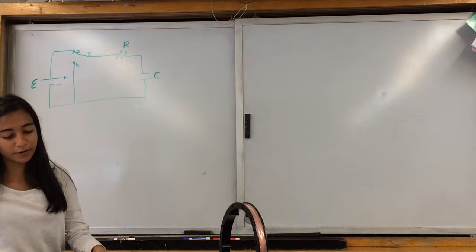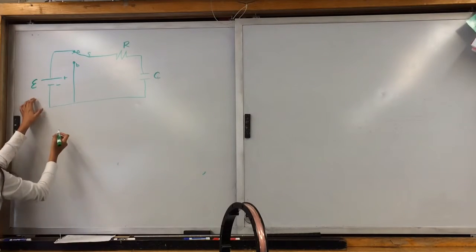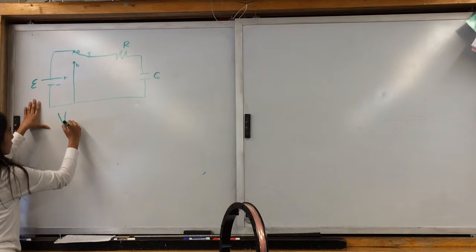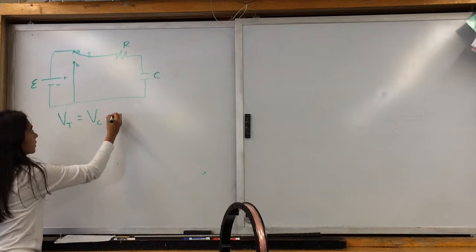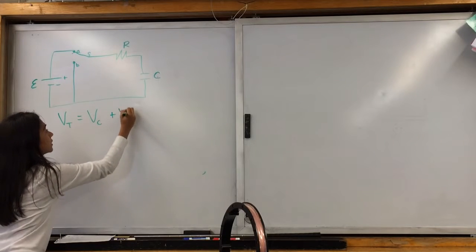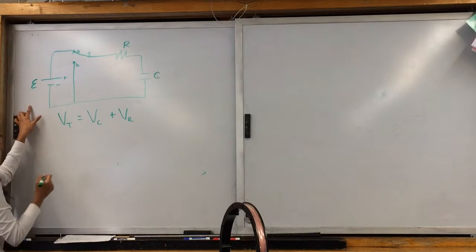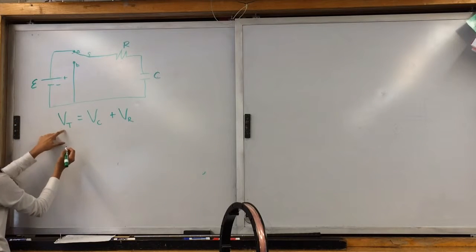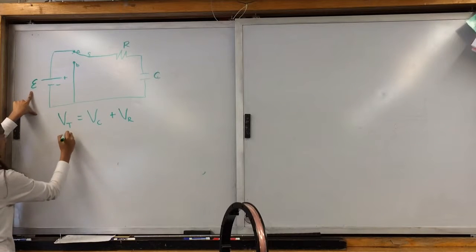When you're doing that, you have the total voltage equals the voltage on the capacitance plus the voltage on the resistance. So the total voltage is going to be the EMF, because that's where the voltage source comes from.